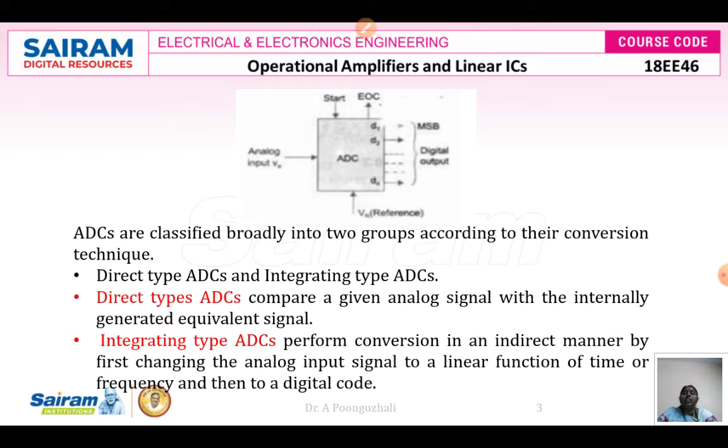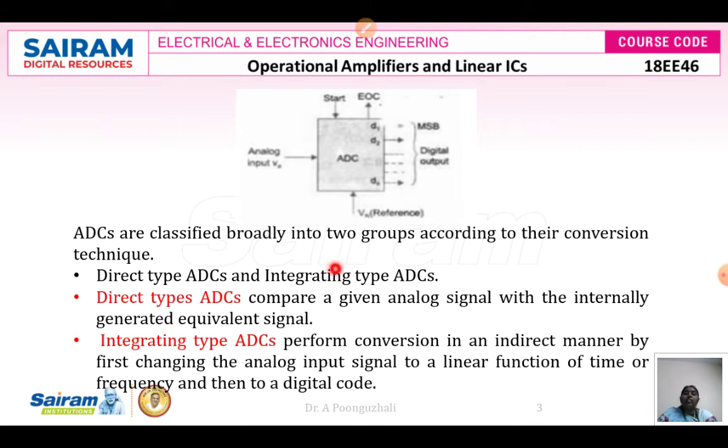ADCs are classified broadly into two groups according to the conversion technique: direct type ADCs and integrating type ADCs. In direct type ADCs, we directly compare the given analog signal with an internally generated equivalent signal.